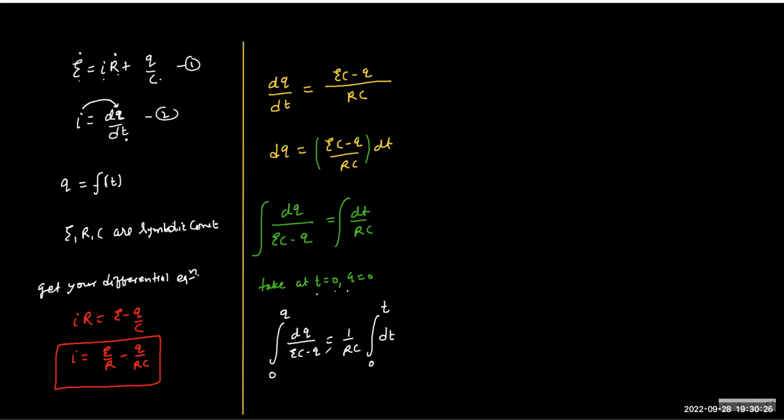So minus 1 by epsilon c into ln q equals t by rc. Minus 1 by epsilon c into ln q into ln c, equal to t by rc.